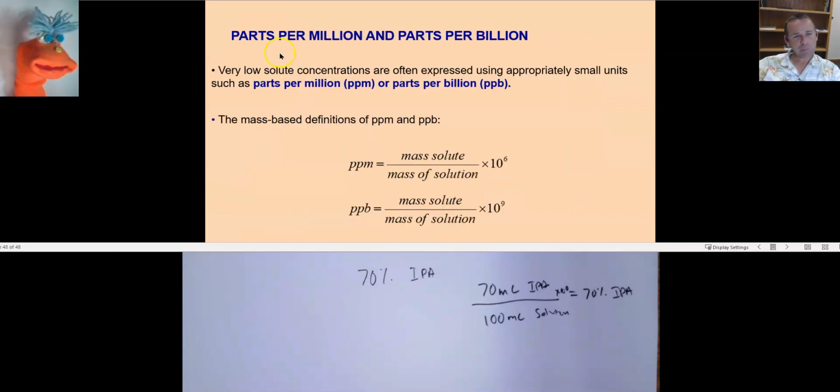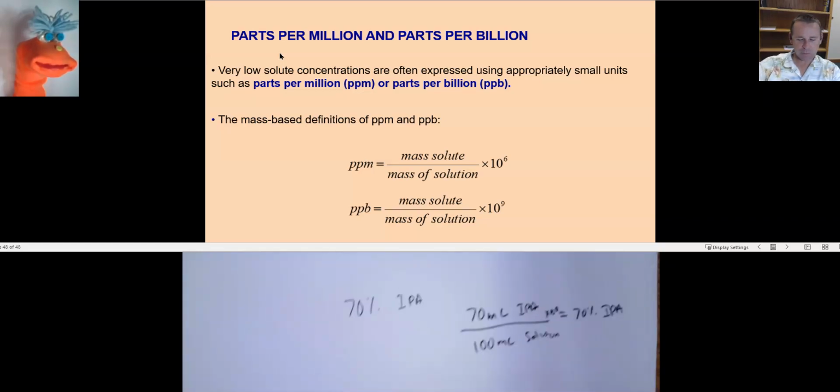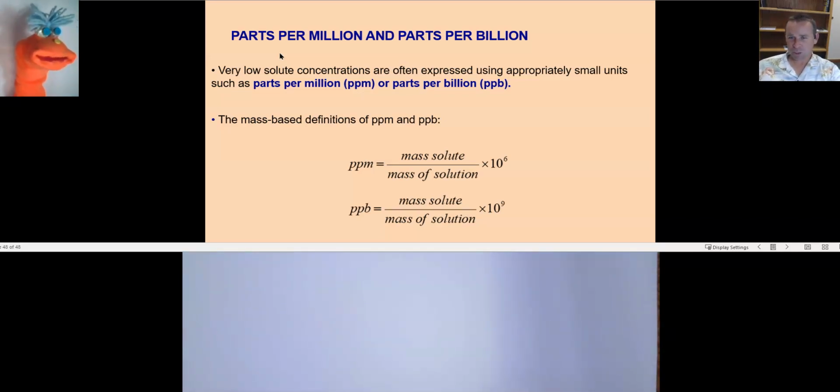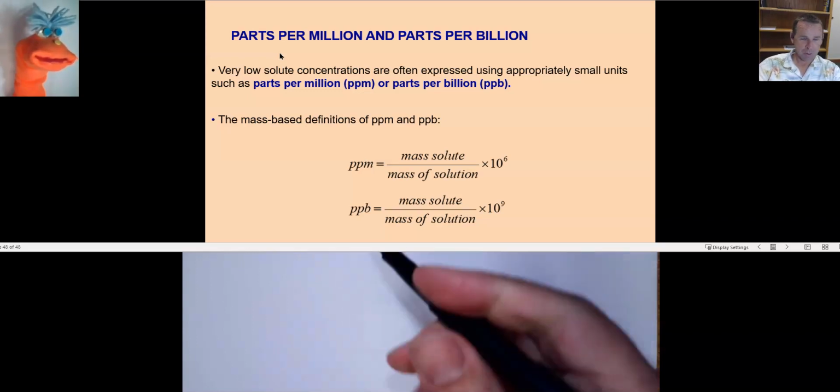And then parts per million is another way that concentration can be expressed. Now, parts per million is a little bit difficult for students to grasp initially, even though it says right in the name of it, parts per million. You know, it's the mass of the solute for every million mass units of the solution, right? Parts per million.